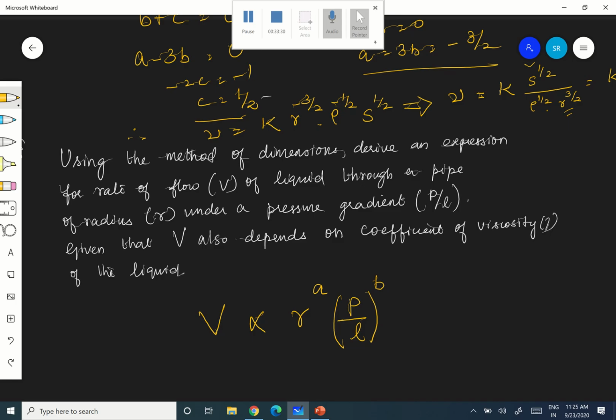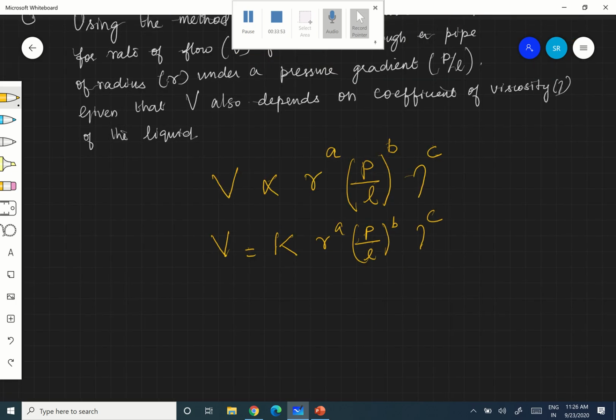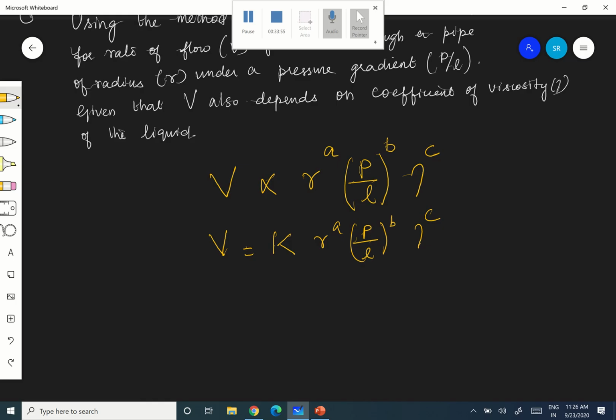Next, the coefficient of viscosity eta power c. Therefore V is equal to k r power a, p by l power b, eta power c. Now you have to substitute, applying dimensions on both sides, same steps.